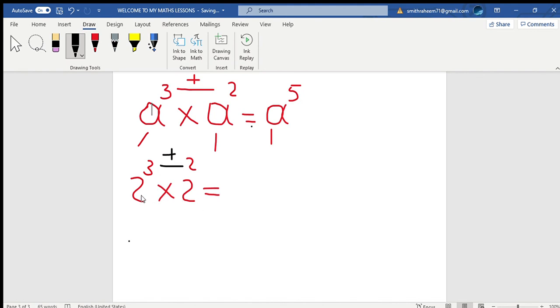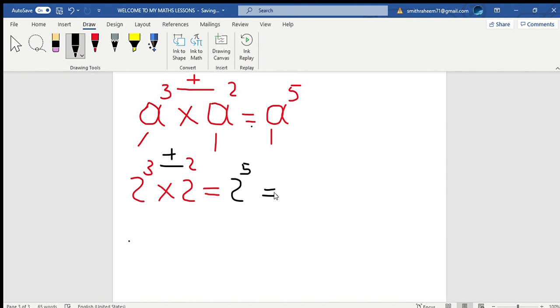Alright, so 2 multiplied by 2 will give you 2 here in this scenario, and 3 plus 2 will give you 5. So 2 to the 5.